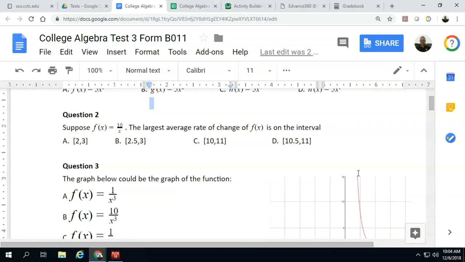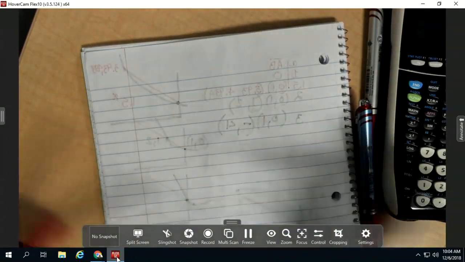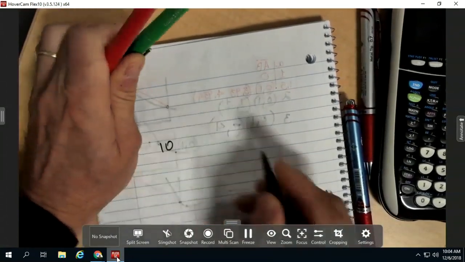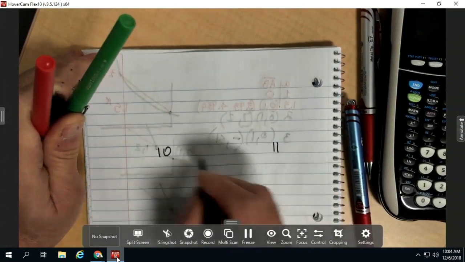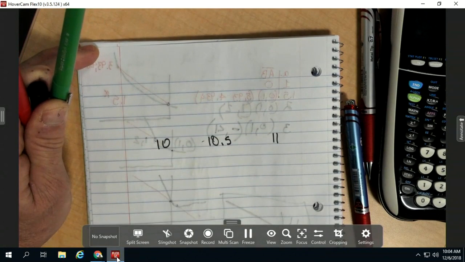Yes. Okay. Can I draw that part of the graph? So I'm going to draw the graph from the point 10 to the point 11, and I'm also going to have the point 10.5.